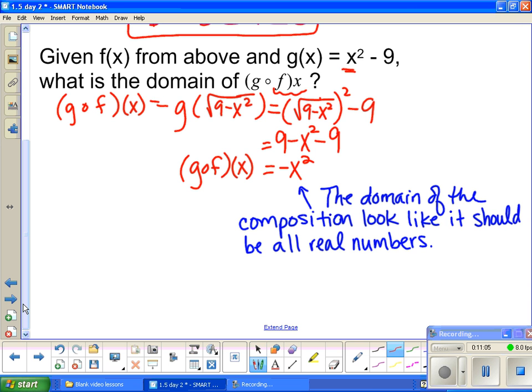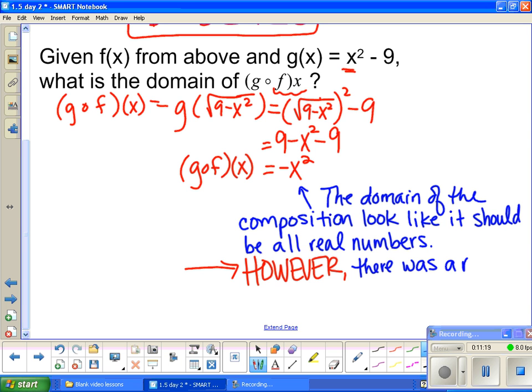However, there was a restriction on the domain of the inputted function.